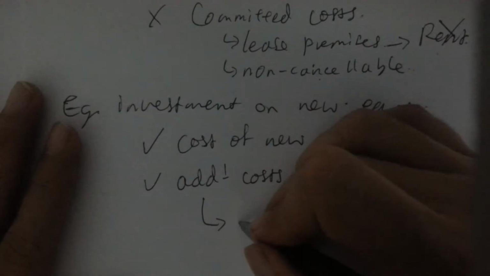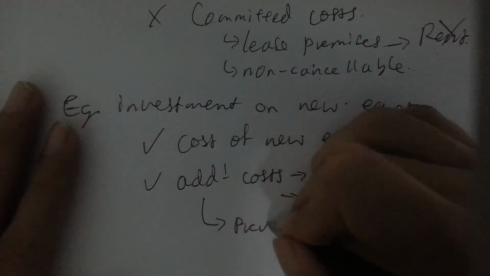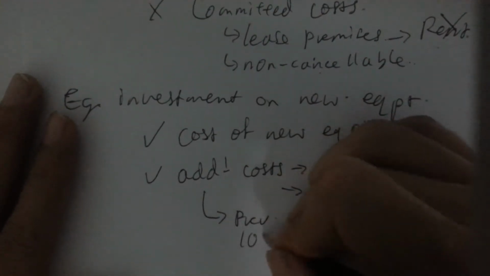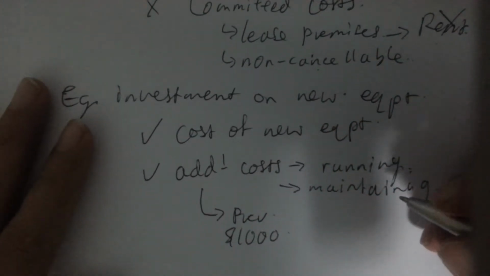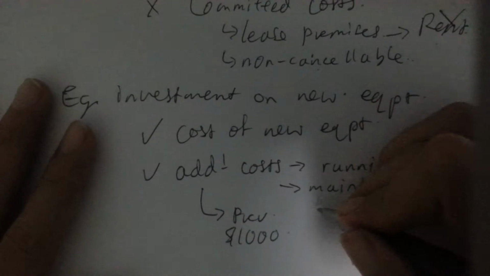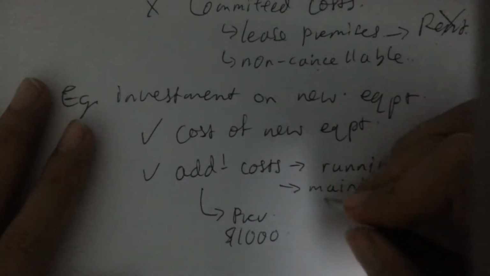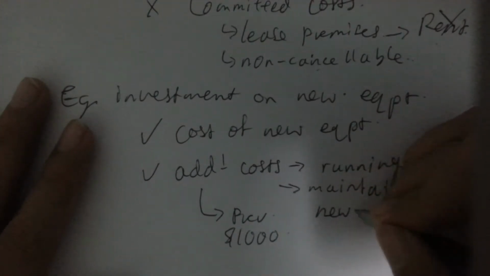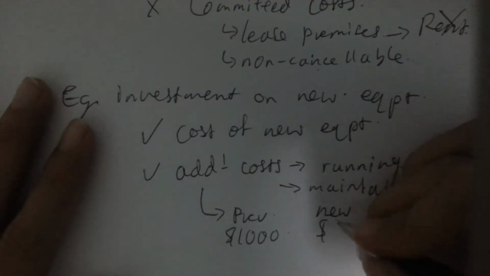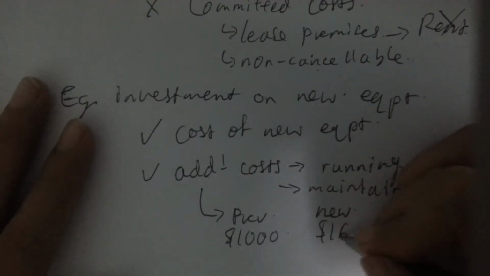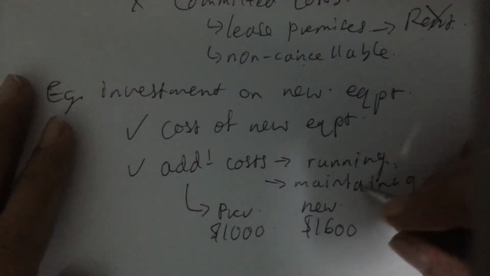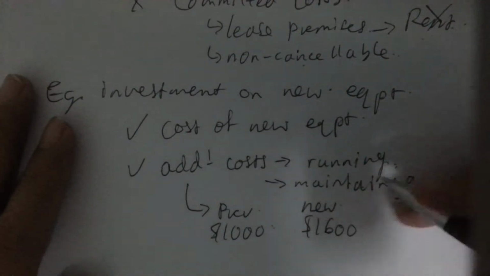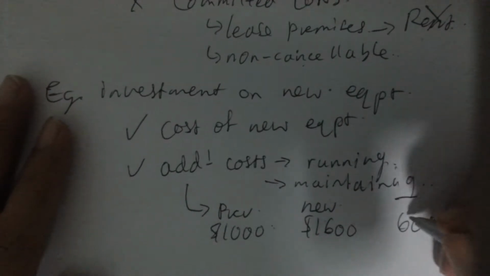If previously you have been spending $1,000 on the maintenance and running of the old machine, but after having this new machine you have to incur a total cost of $1,600 on all your running costs and maintenance costs, your relevant cost would only be $600.